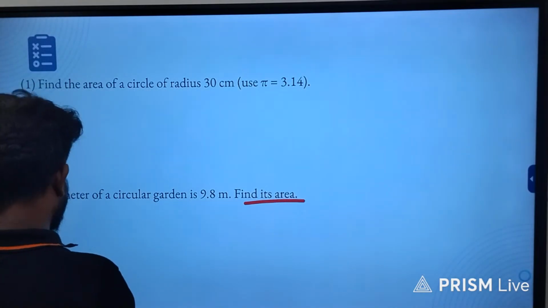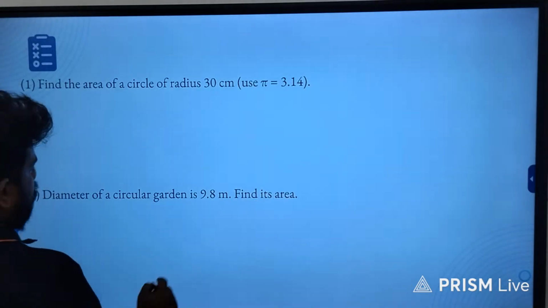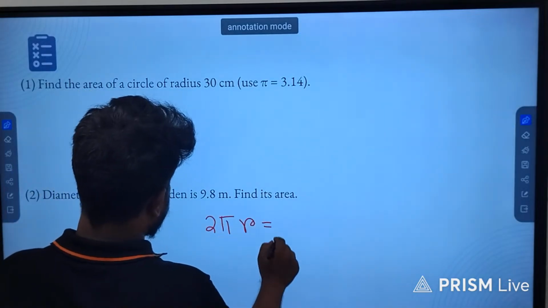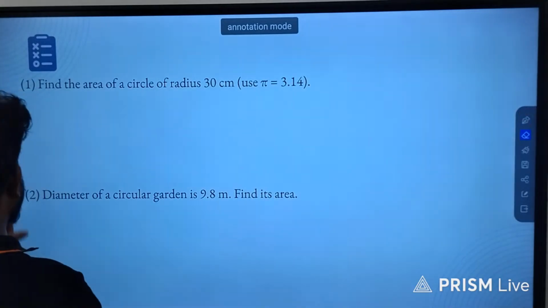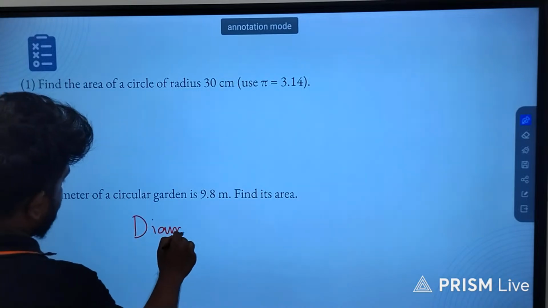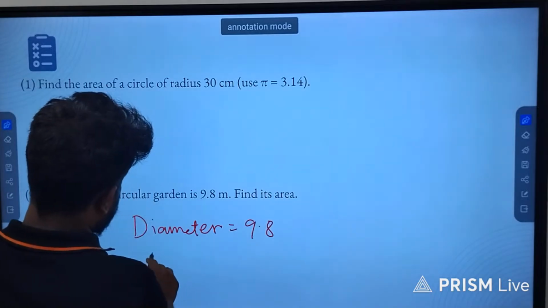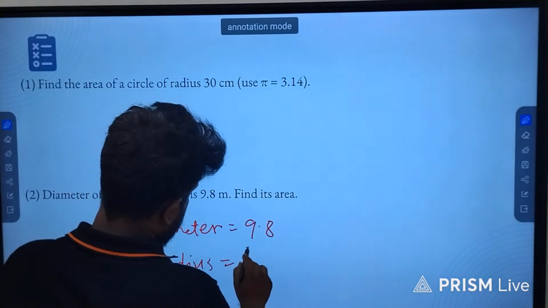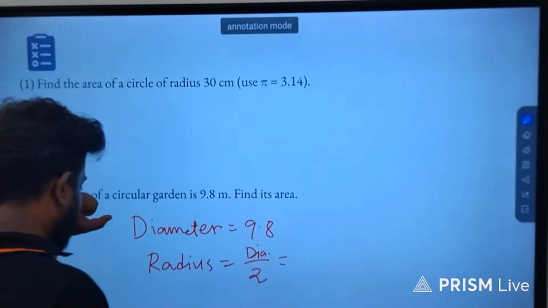So to find that, the diameter is being given. If the diameter is this, then the radius will be half of the diameter.